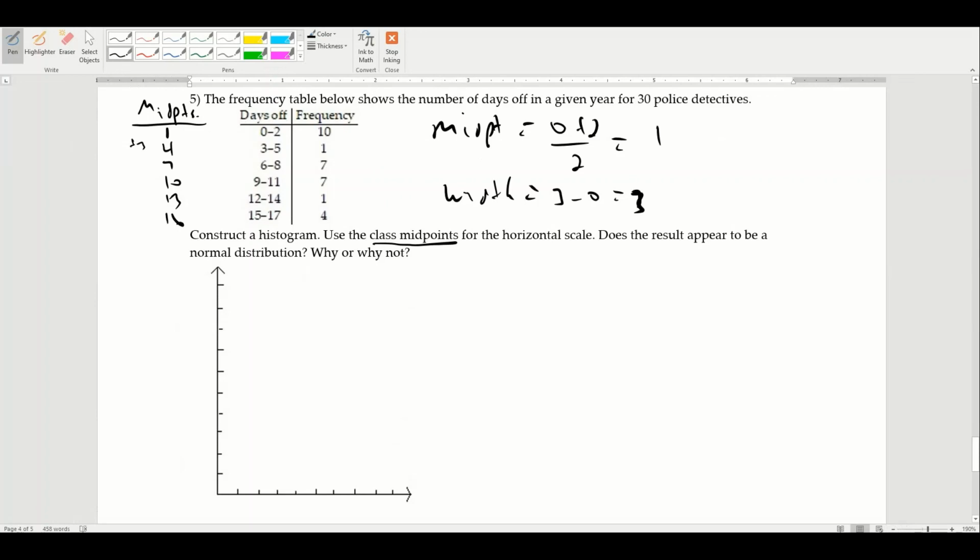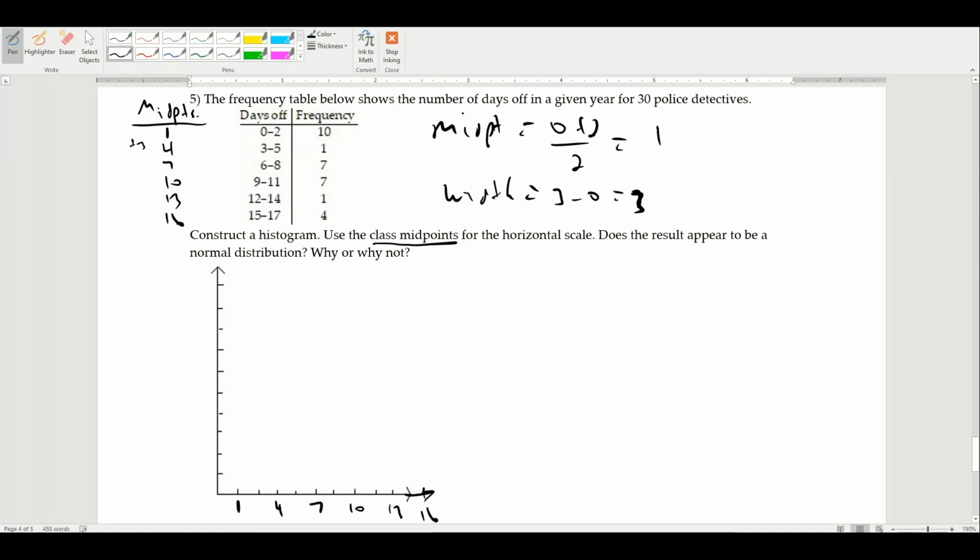I'm going to call that one 1, and then that one 4, and then 7, and then 10, and then 13, and then 16.